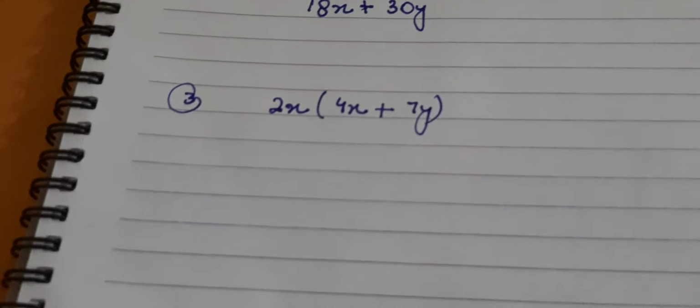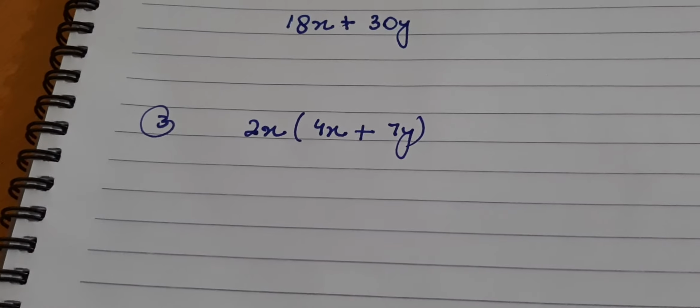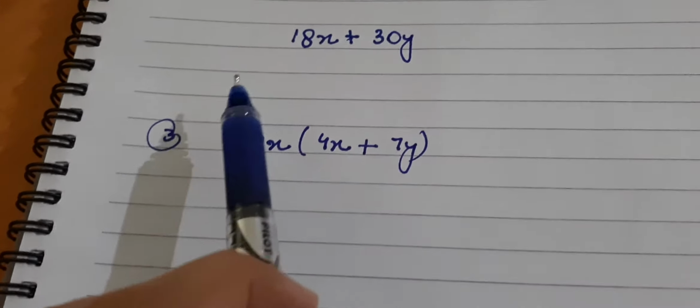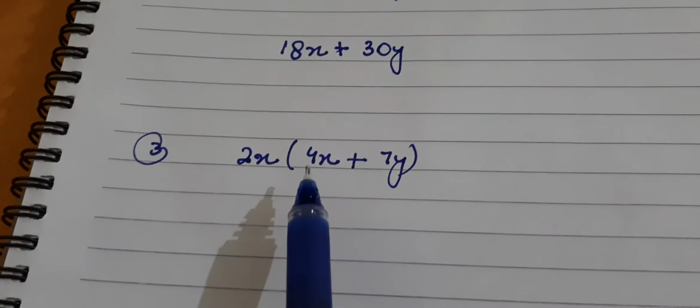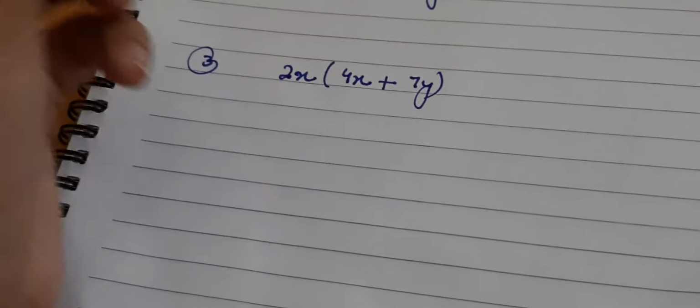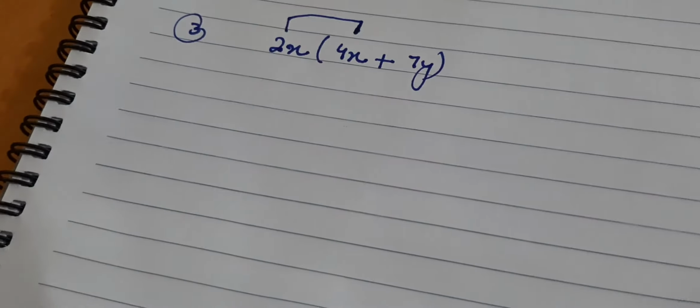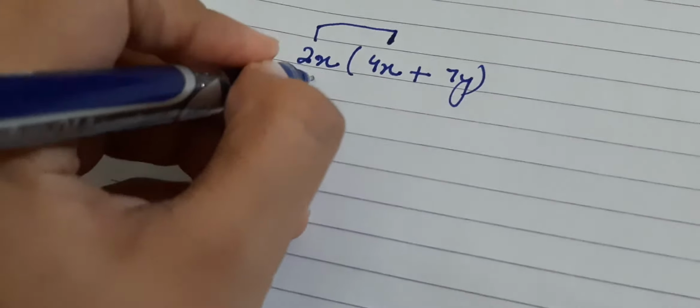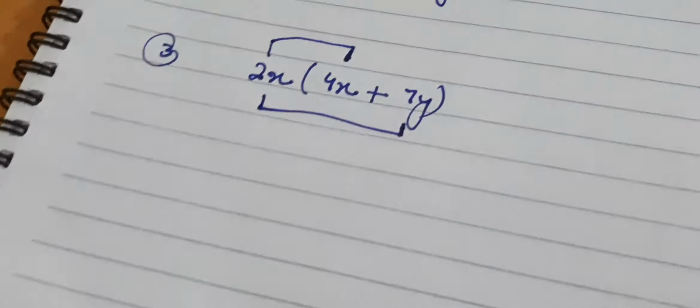Now this expression is a bit tricky. You can see that it's from a bit advanced level. So we focus on it. So we have 2x multiplied by 4x plus 7y. Now what we are going to do is, first this 2x will multiply with this 4x and then it will multiply with this 7y.